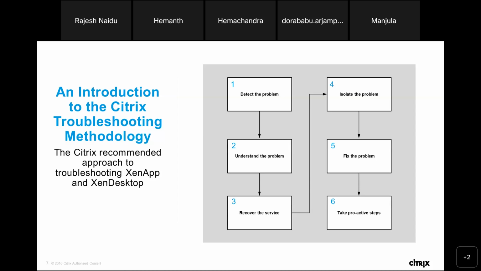Then she understands the problem. The same way as a Citrix engineer, you need to understand the problem. That means whether the issue is really there: application not launching, desktop not launching, we are getting some errors. That we need to understand.